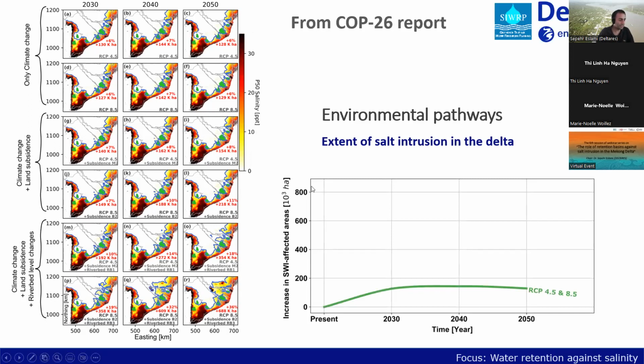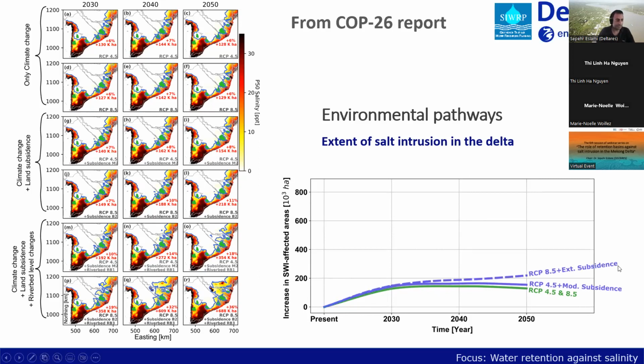If we put that in a graph and look at the potential pathways until the year 2050, we see that with climate change only, so sea level rise as well as upstream discharge, we do have an increase of nearly 100,000 hectares of land, but that flattens towards mid-century.